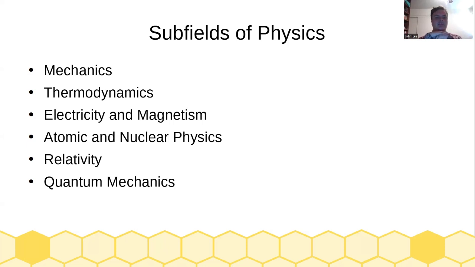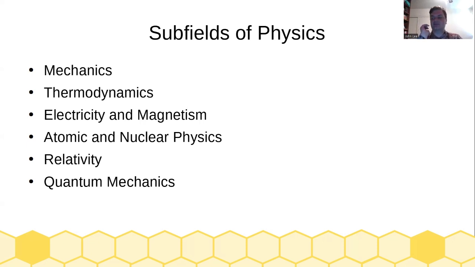And then quantum mechanics is a consequence of thermodynamics, which basically states that there are only certain states or energy levels or other physical properties that are quantized, or only allowed to be in certain energy levels, in certain states.